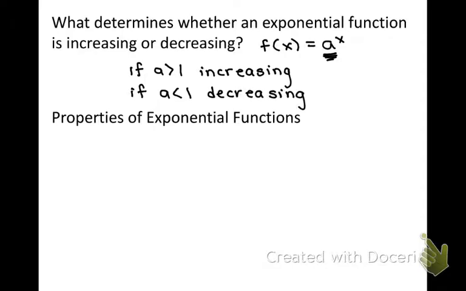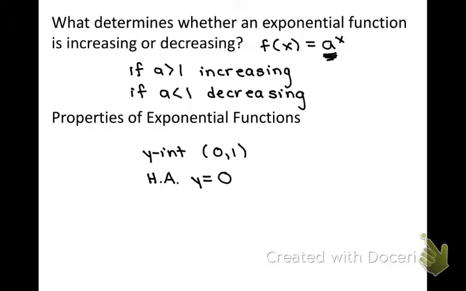And we've mentioned a couple other good properties of exponential functions that are good to know. My y-intercept in general is that (0, 1). And again, generally speaking, we're going to have a horizontal asymptote at y equals 0. Now, we previously looked at transformations.